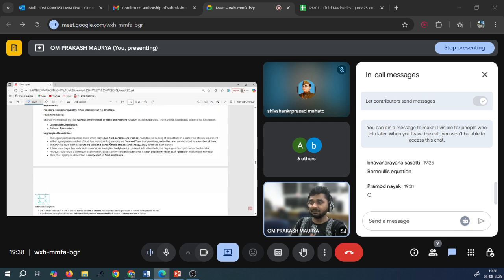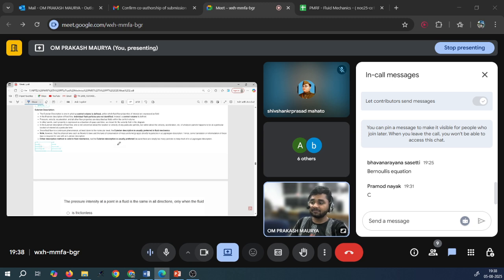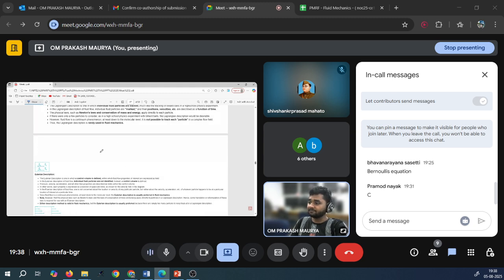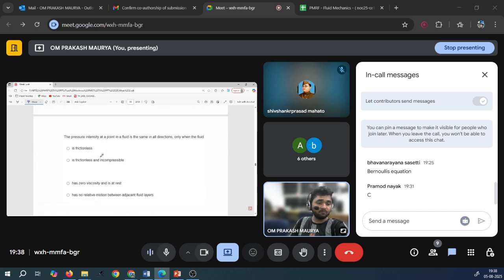Some written document and explanation is given already, so we'll move on to the next question. The pressure intensity at a point in a fluid is the same in all directions only when the fluid is frictionless and incompressible, the fluid has zero viscosity and is at rest, has no relative motion between adjacent fluid layers.